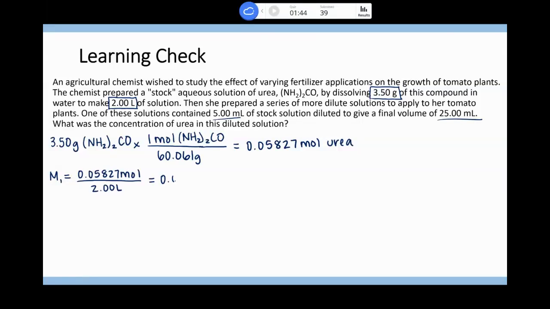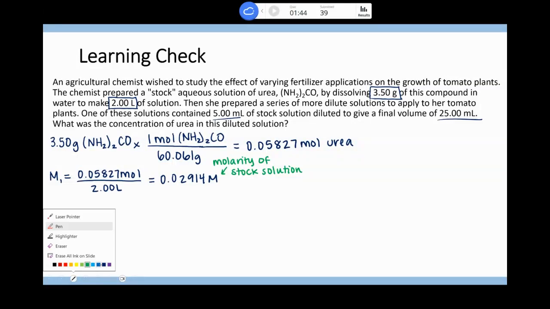So M1 is 0.02914 molar. Okay, so that's our molarity of the stock solution.